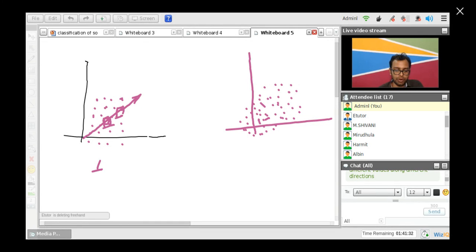This is anisotropic, not isotropic. Such a solid is called anisotropic in nature, right?